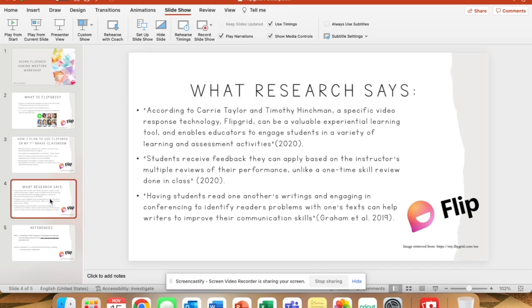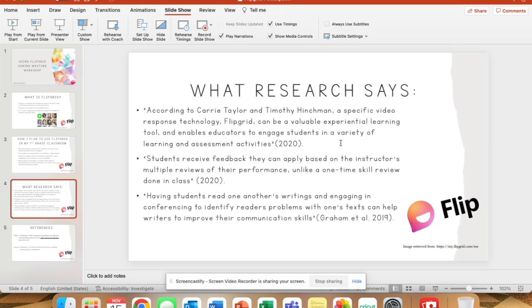So FlipGrid can be a valuable experiential learning tool, and it enables educators to engage students in a variety of learning and assessment activities. I really like the idea of using FlipGrid as sort of a way for students to give more of an authentic assessment.